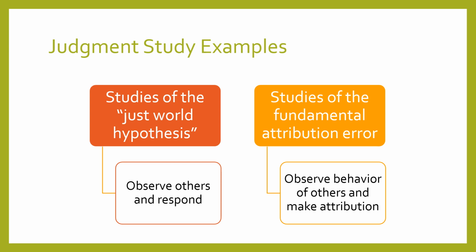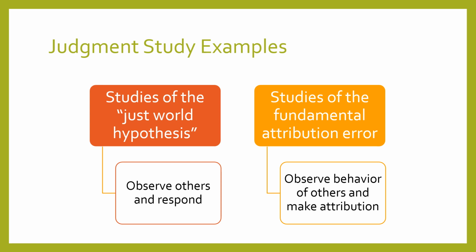Another type of judgment study involves the fundamental attribution error. Basically, the heart of the fundamental attribution error is that people tend to infer stable personality characteristics from observed behavior, and they tend to ignore the situational aspects of our behavior.